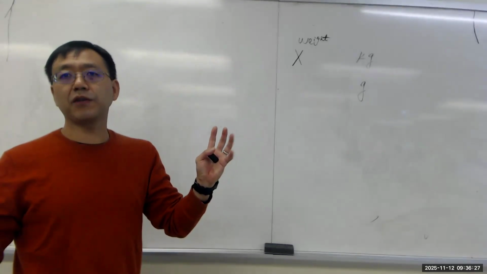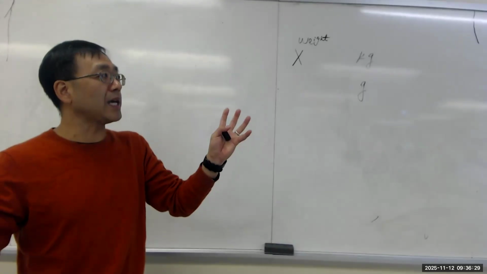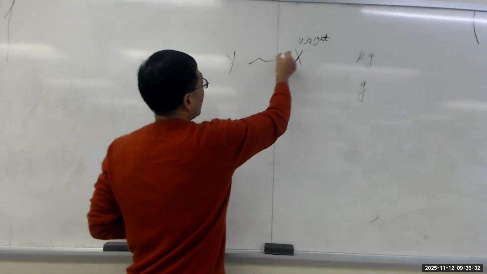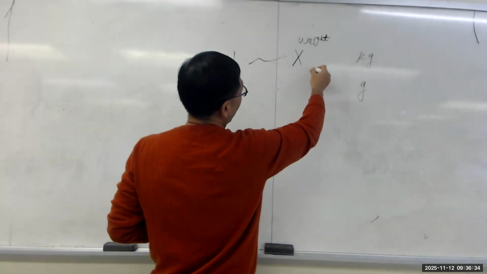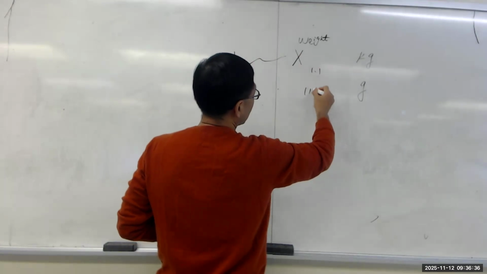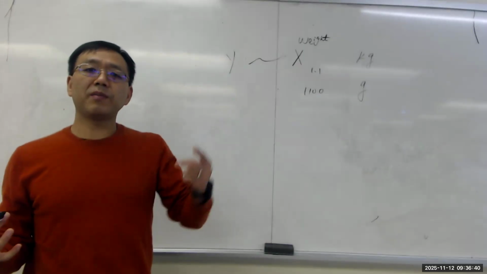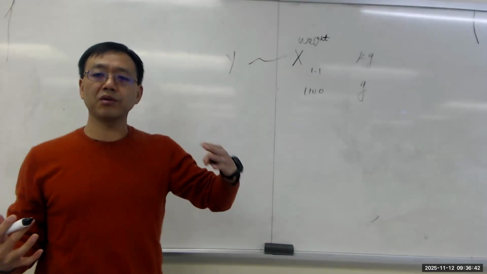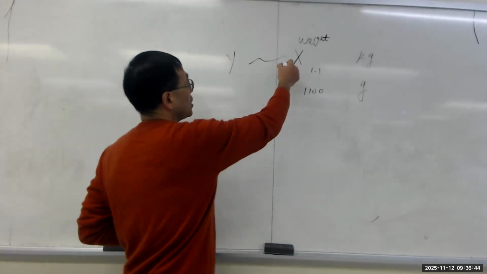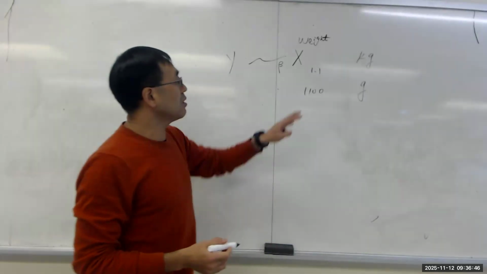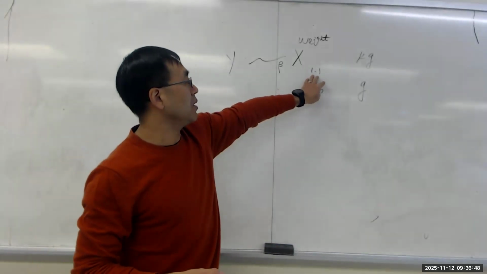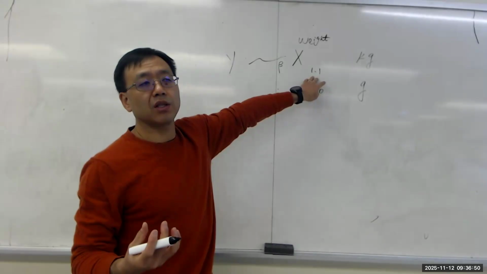The effect of x on y is the same, but whether x is 1.1 kilogram or 1010 gram, depending on which unit you use for x, the beta coefficient will be different. Because if your x is in kilograms, the x value is going to be small.